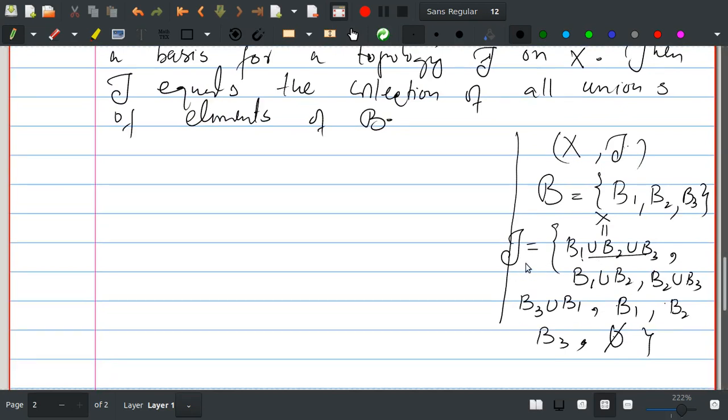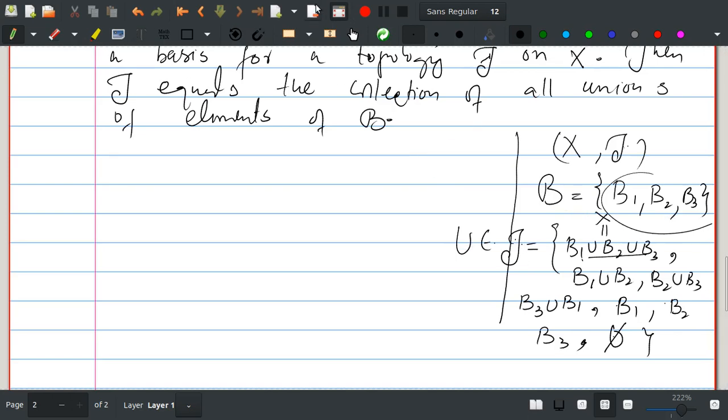Not only that, so if U is any element of this topology, we have to prove this U is actually some union of these elements. So this is vice versa condition, i.e. this topology is actually the all unions of elements of B, and if U is any element in this topology T, then this U must be equal to some union of elements of B.